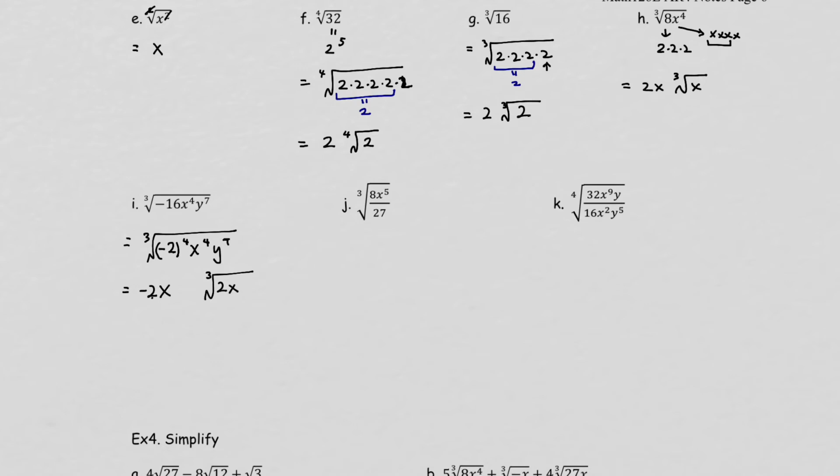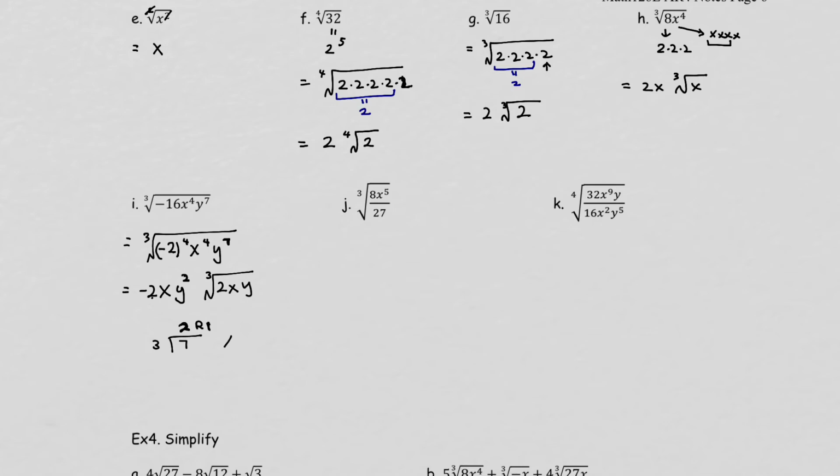Out of 7, you're going to have 2 of 3, which is 6y will be out, and 1 stay. So an easy way of figuring this out is when you're dividing 7 by 3, 3 goes into 7 twice with a remainder of 1. So this 2 will be out and 1 didn't have matching, will stay.